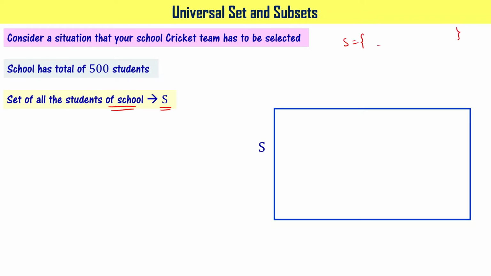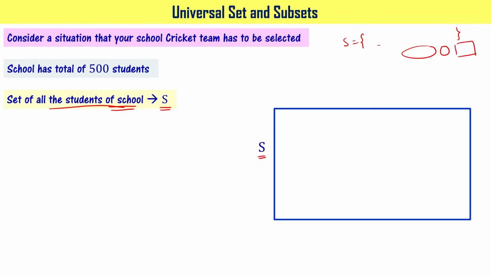Pictorially I can represent it using a closed curve, something like a circle or a rectangle or a square, doesn't matter. But I am representing this using a rectangle for a reason. You will understand that. So S is a set containing all the student names in your school.